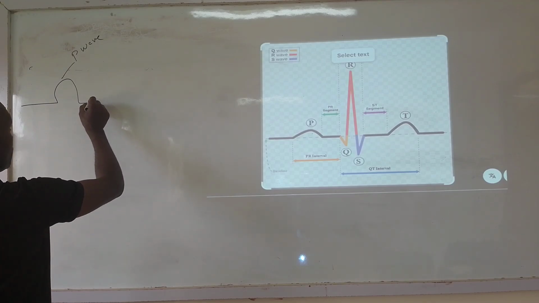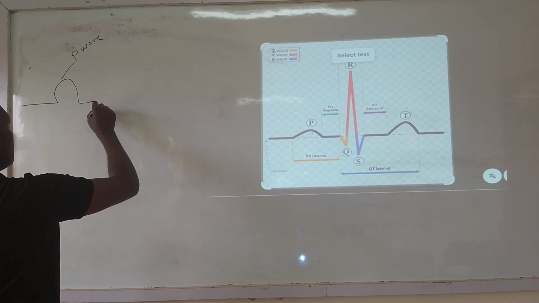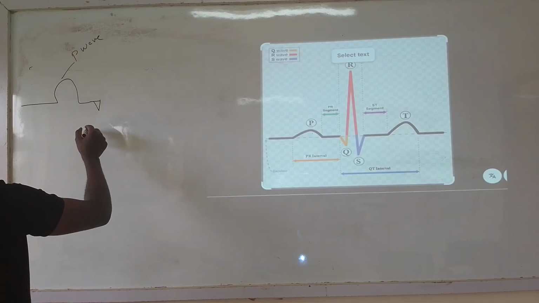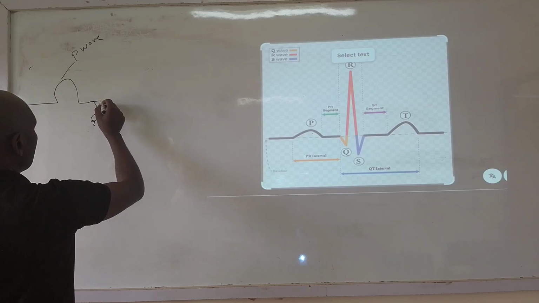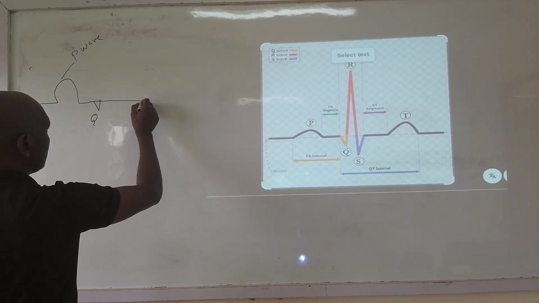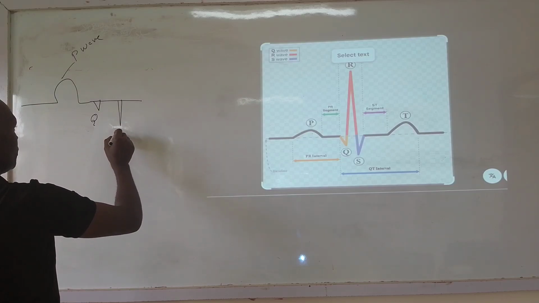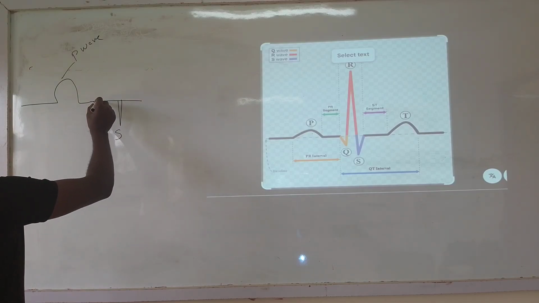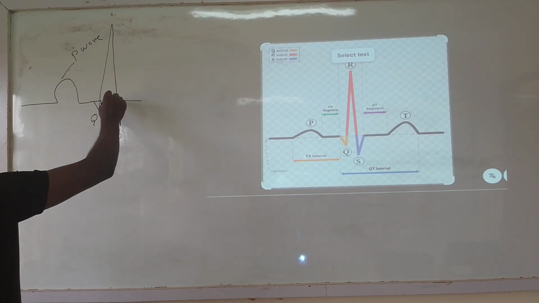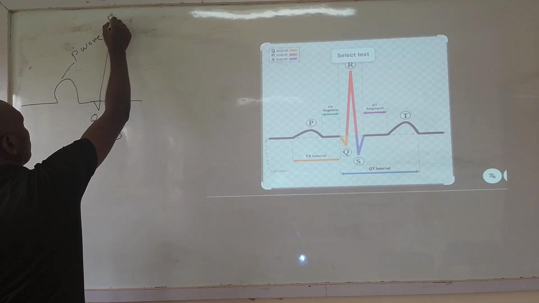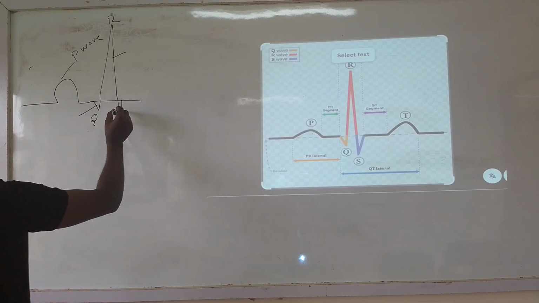Then from here, this is a straight line. There's another wave here, which we normally call Q. Then from there, if this line is continuing like this, we shall have another one here, which we normally call S. Then on top of this, we have another one that comes like that. This is what we call R. So this one is R, this one is Q, this one is S.